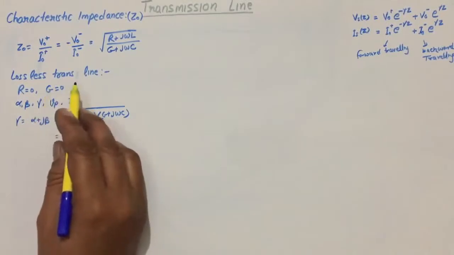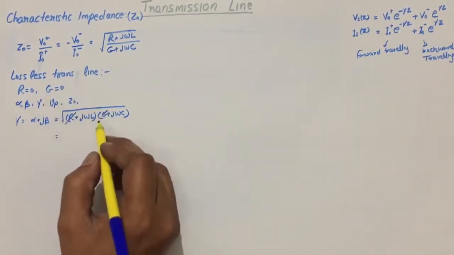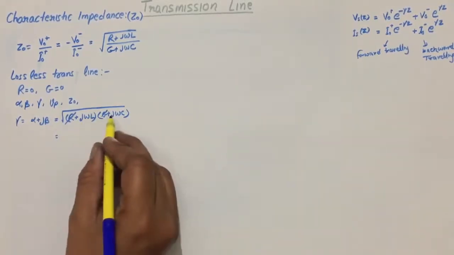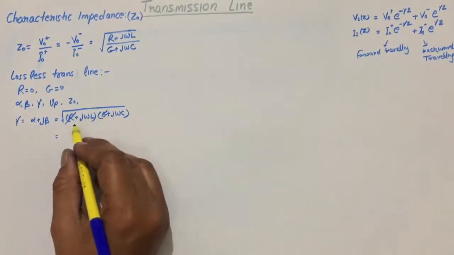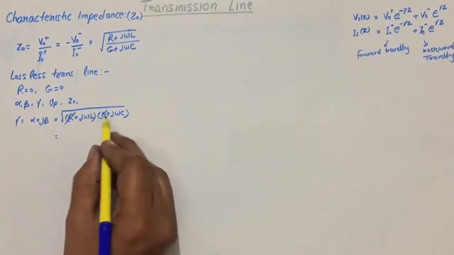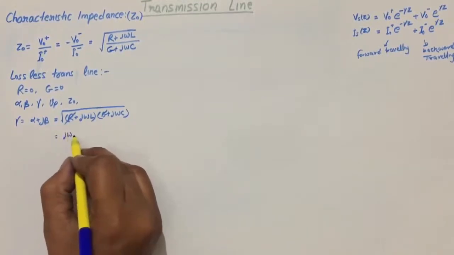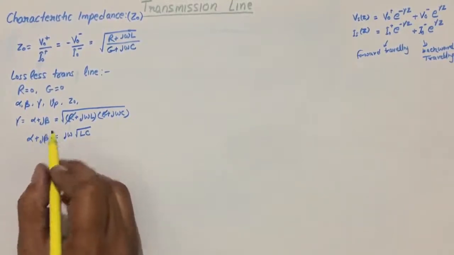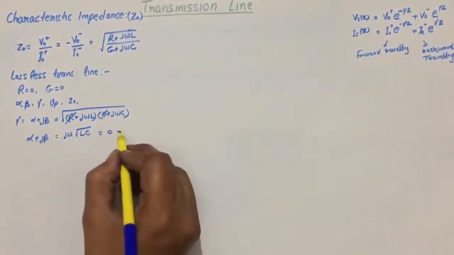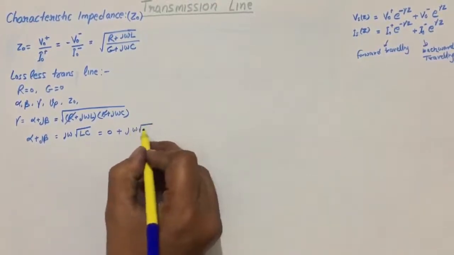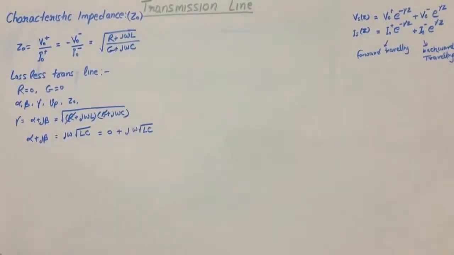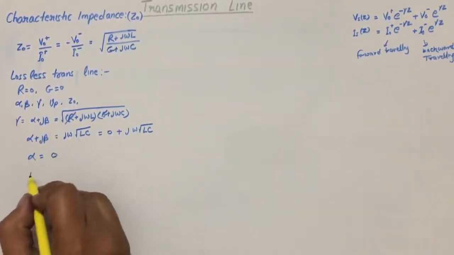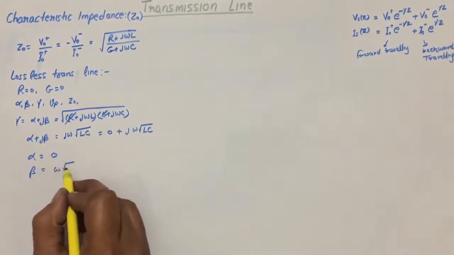For the lossless transmission line, R and G will be equal to 0, and the remaining term will be j square, j omega will be outside, under root LC. So alpha plus j beta can be further written as 0 plus j omega under root LC. Now try to find alpha and beta from here. We can say alpha is 0 and beta is omega under root LC.